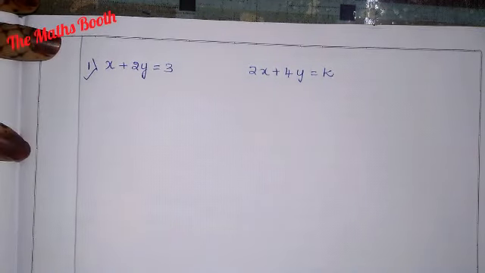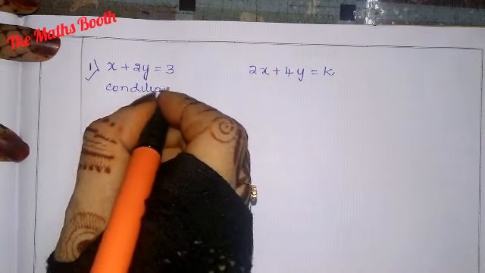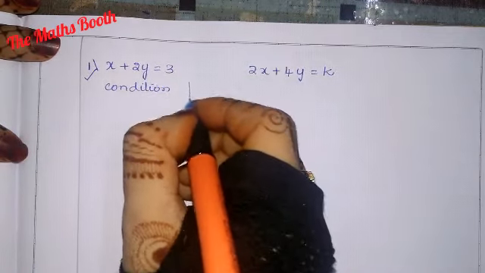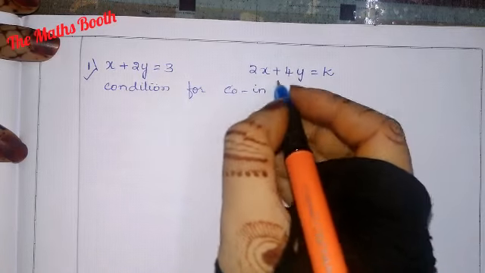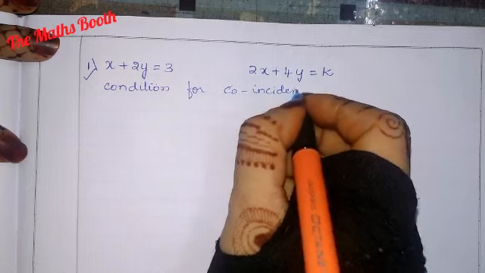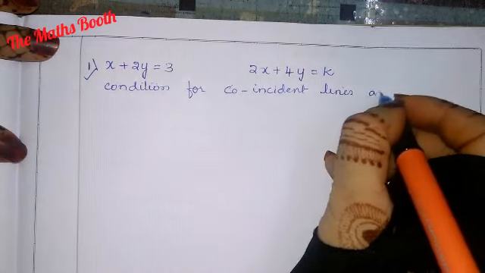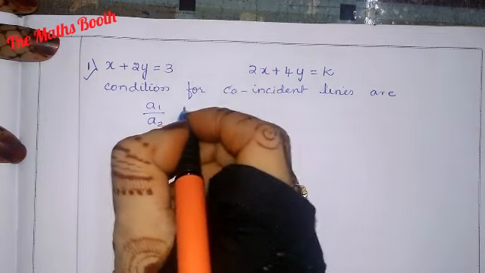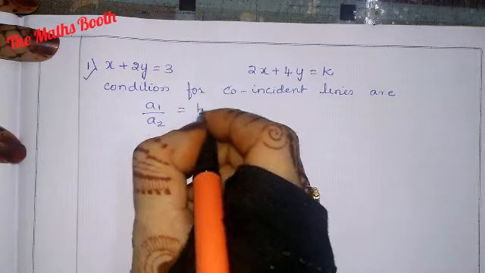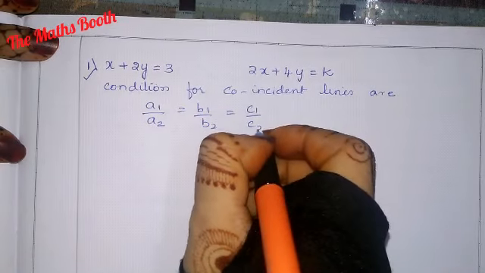So we know the condition for coincident lines. Here the lines coincide, they have told. Condition for coincident lines are A1 upon A2 is equal to B1 upon B2 is equal to C1 upon C2.